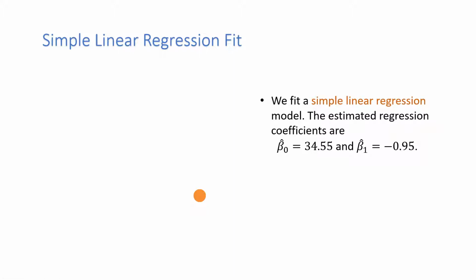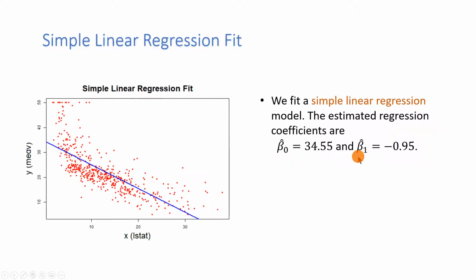So if we fit a simple linear regression between x and y, following the least squares estimation method, we can calculate our estimates of the intercept parameter beta 0 and the slope parameter beta 1. Okay, as we expected, we have a positive beta 0 hat and a negative beta 1 hat.